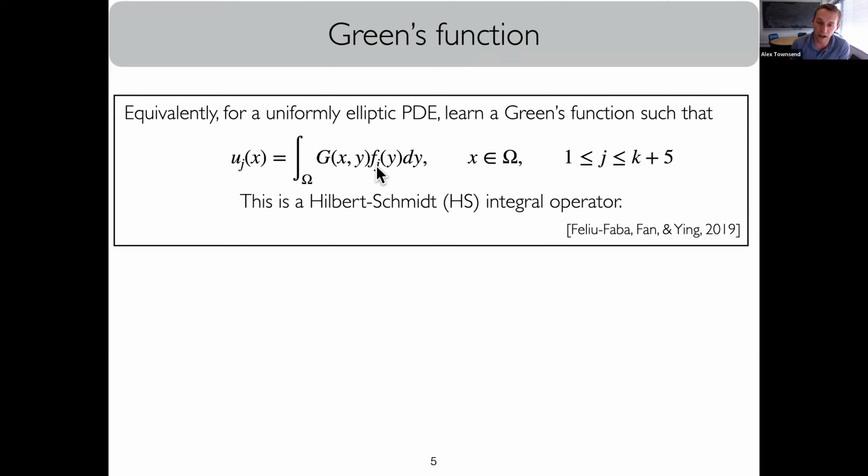And if you give me an f_j, it maps the f_j's to the u_j's. So this is a representation through this integral operator for uniformly elliptic PDEs in 1, 2, and 3 dimensions. Okay, and so I'm going to try to recover this G as part of this solution operator.